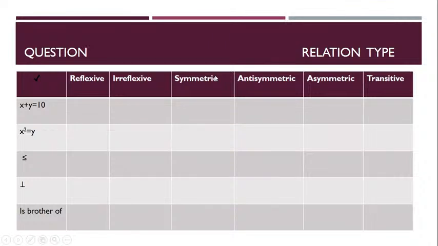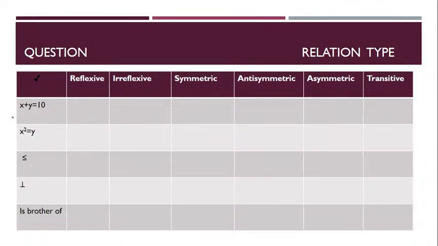Symmetric means if AB is there, then BA must be there, and self loops are allowed. Antisymmetric is talking about no bidirectional edge, and self loops are allowed. Asymmetric is saying no bidirectional edge, not even self loops are allowed. And transitive is: AB, BC, then AC must be there, and self loops are allowed.